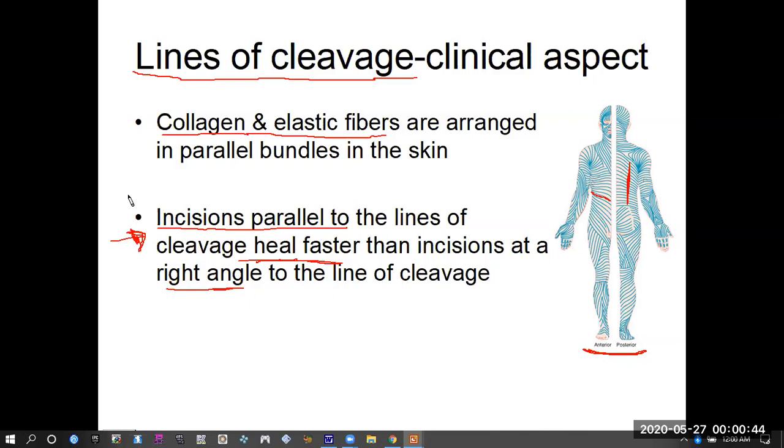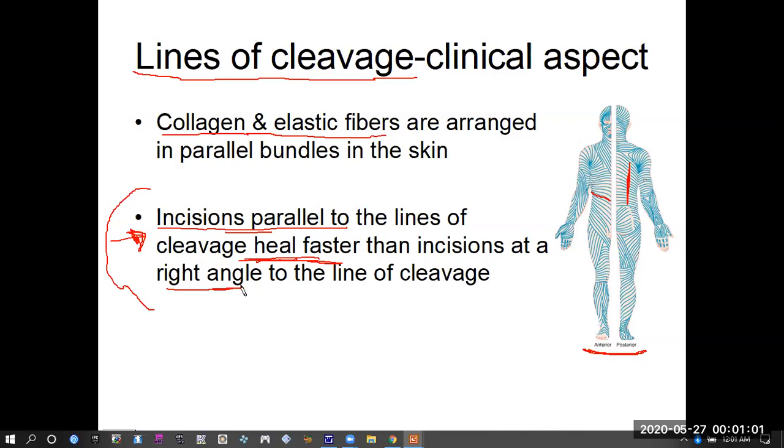And that's really the clinical aspect here. We can think about the difference between a cosmetic surgeon who would want to use this to lead to a better outcome, better recovery, better appearance.